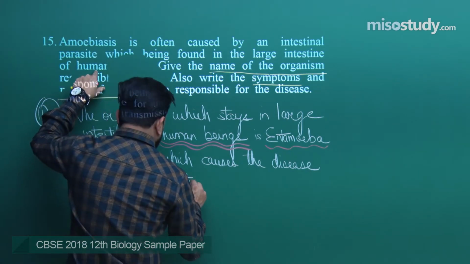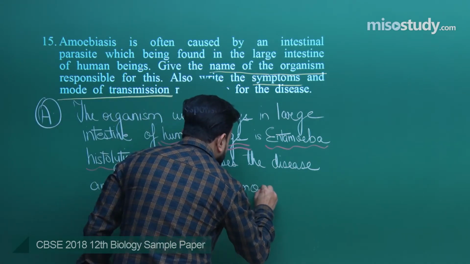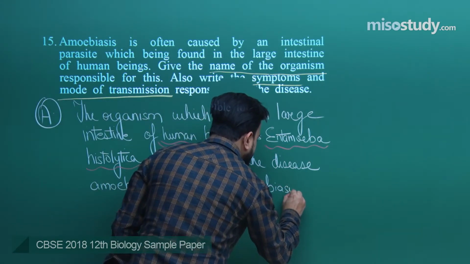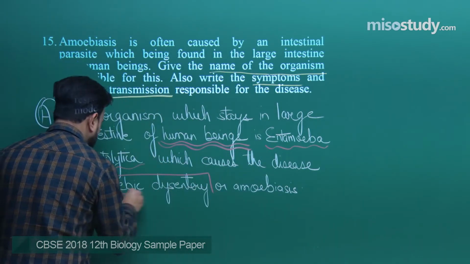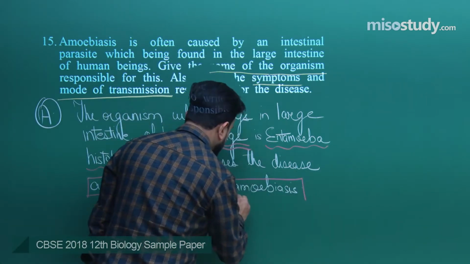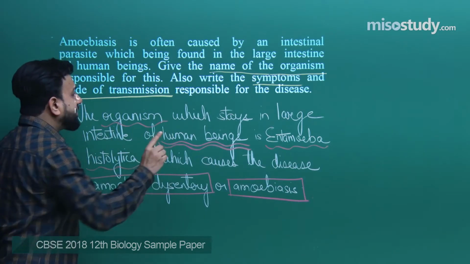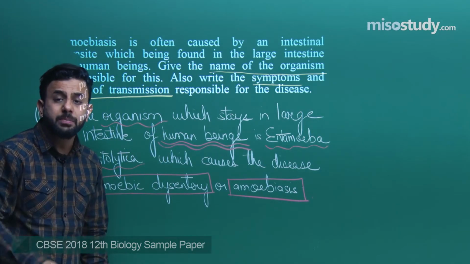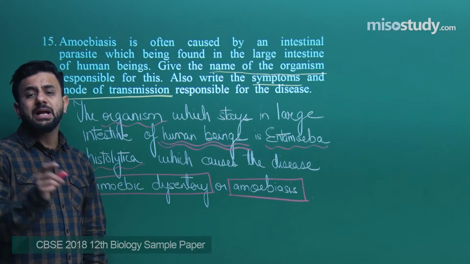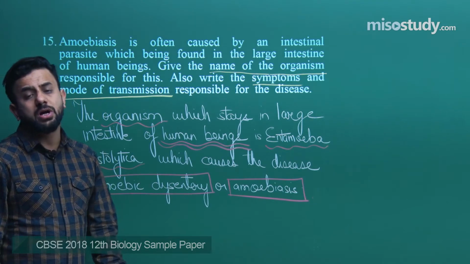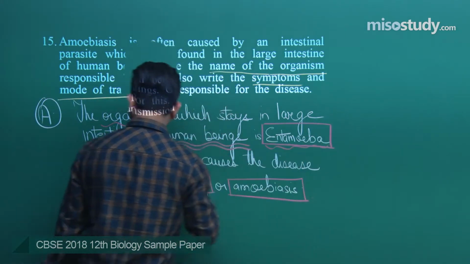They have not mentioned it here, but both are names of the disease. Got it? The organism which stays in the large intestine of human beings and causes amoebic dysentery or amoebiasis is none other than Entamoeba histolytica. So the moment you have written this, you have got 1 mark.